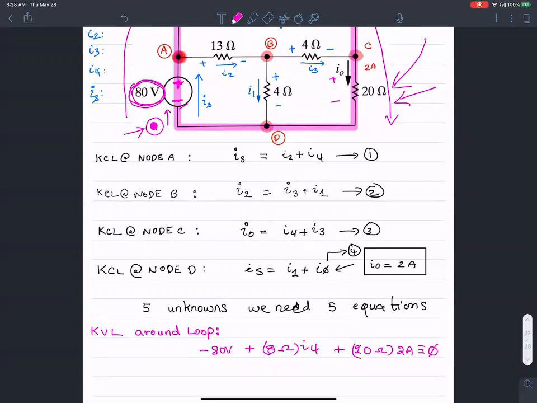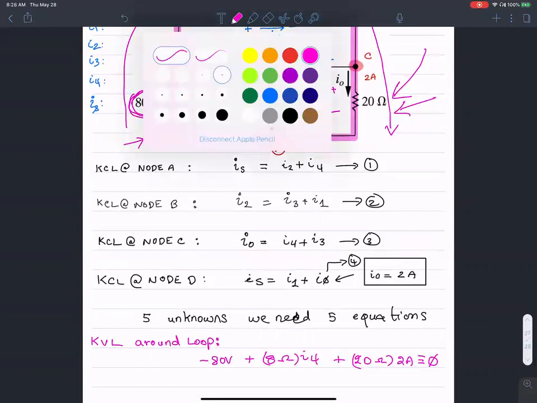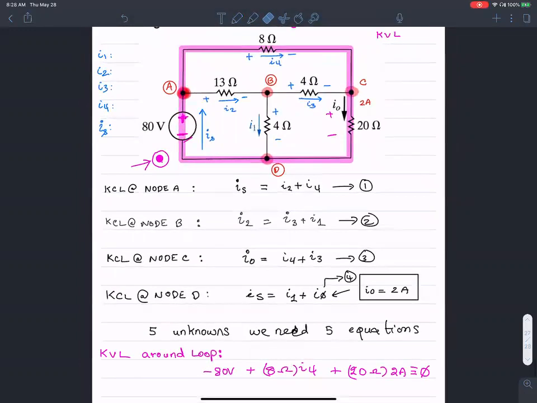So now we can just solve for I4 with this equation, right? Correct. That's exactly the reason why choosing this bigger outer loop makes sense, because I know just about everything else in here except I4.